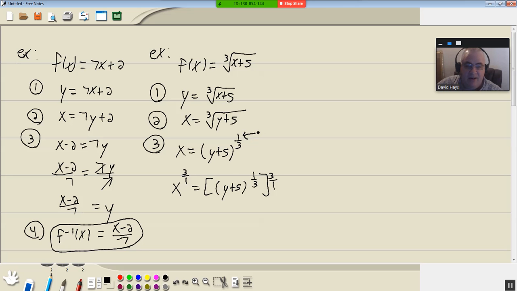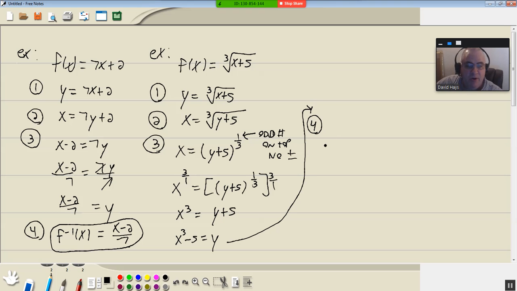But since this is an odd number on top, odd number on top means no plus or minus symbol. So that's x to the 3rd equals, the 3's cancel, and that leaves us y plus 5. And I'll take the 5 over. And we get y is equal to x to the 3rd minus 5.